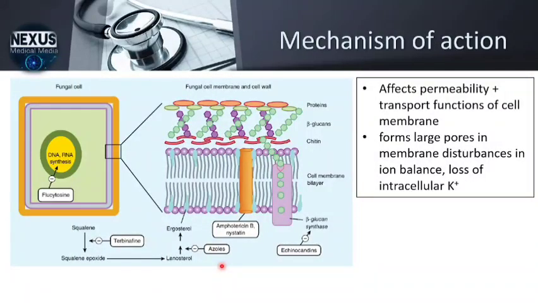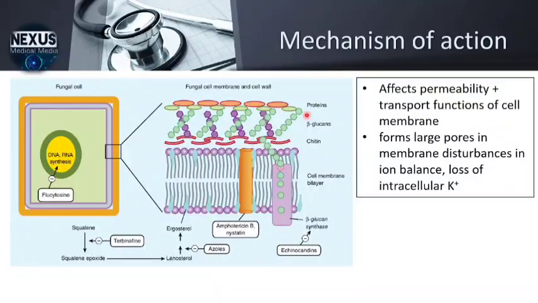The mechanism of action, right? You can see this is a typical fungal cell, right? I'll be using this diagram over and over again, courtesy of Katzung. This is an expanded view. This is outside the membrane, and here is inside, right? What amphotericin B does is that it makes holes in the fungal cell wall.